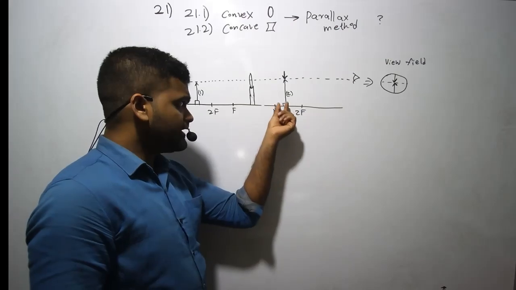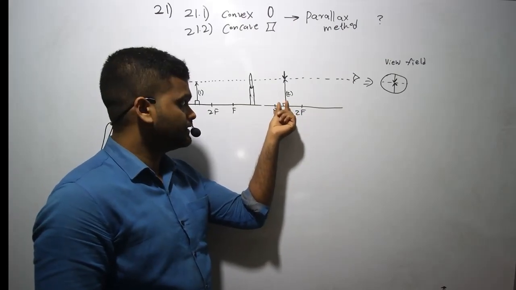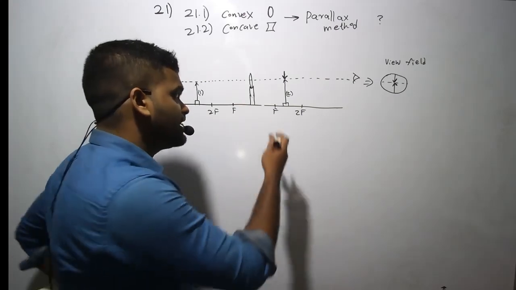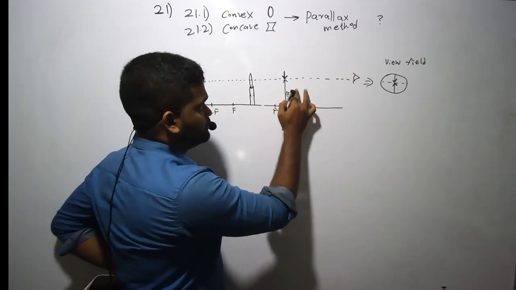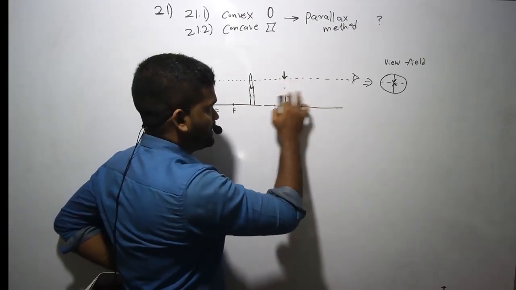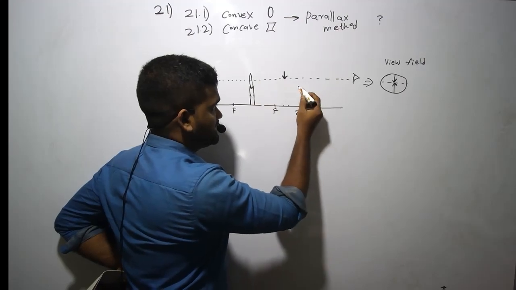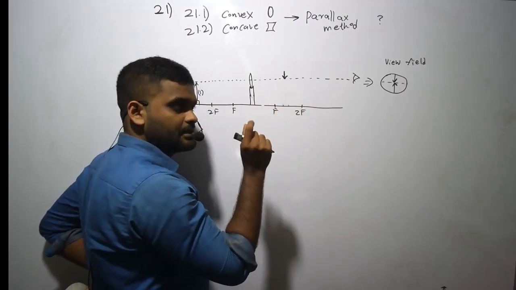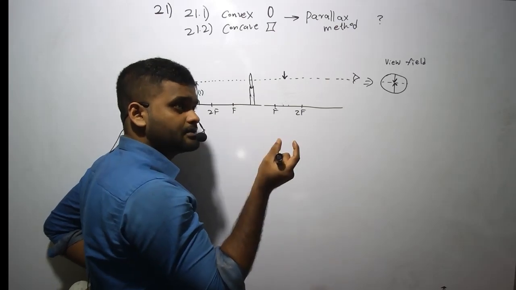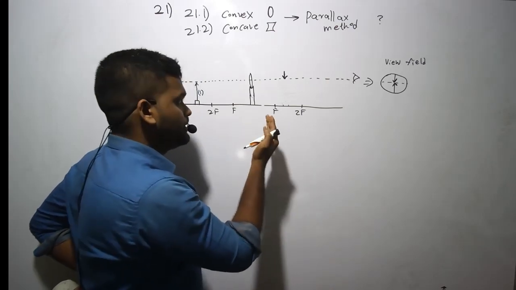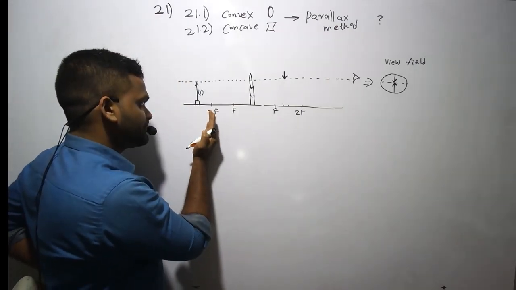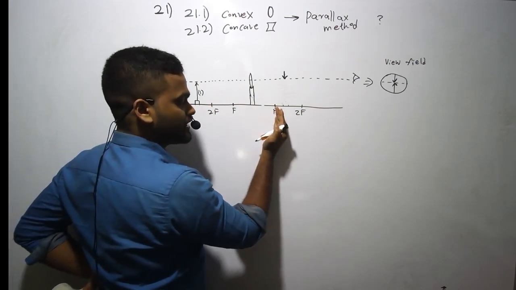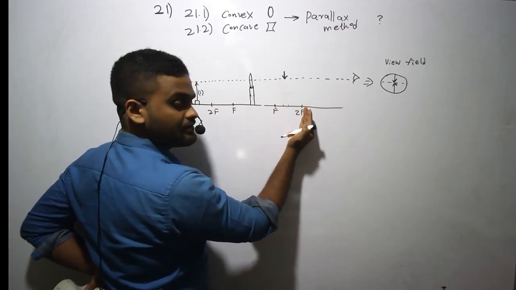I have drawn it here, right? But you don't know how to find the location of this. Even though you place this pin, now you know the region where you have to place the observing pin. Because you know when the object is beyond 2F, the image should be made between F and 2F.